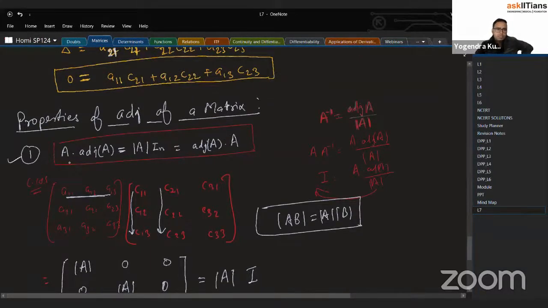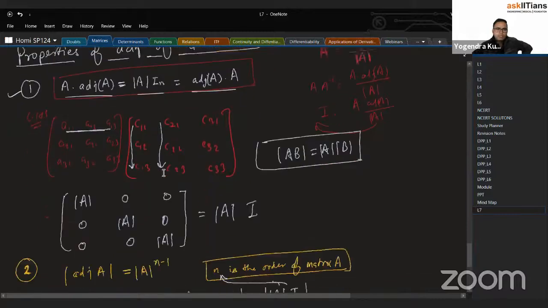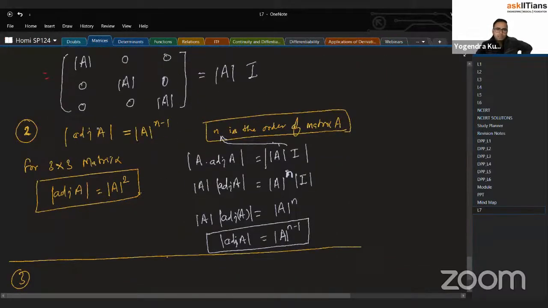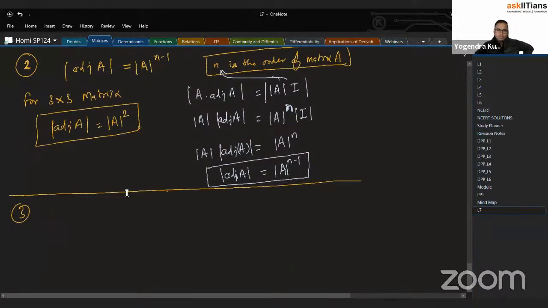Not many properties are there here, but these are basic properties which you can remember. If we take the determinant, we get determinant of A to the power n minus 1. You remember how we get it? The proof is also there. If anyone needs it, I will share this with you. But you should remember all these.